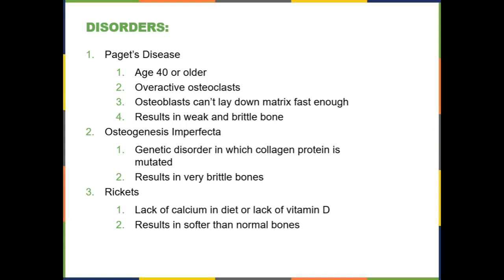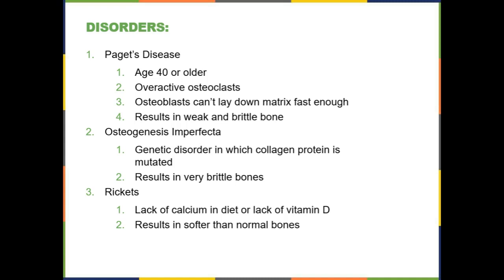There are some diseases associated with bone that I'm going to just mention now. One of those diseases is called Paget's disease. Paget's disease is a disorder that typically occurs in middle age. In this disease, you have osteoclasts that are resorbing bone faster than osteoblasts can lay bone down.